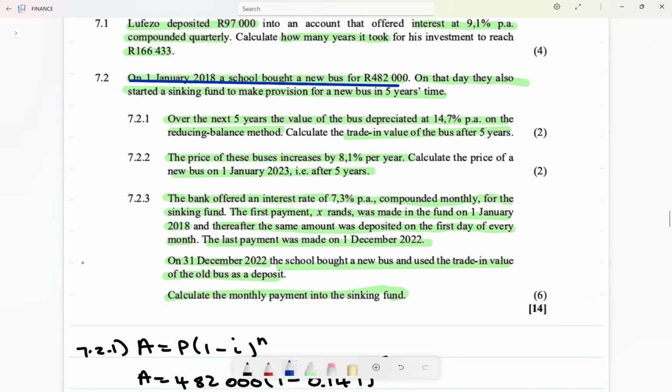So they know that after 5 years they will sell their old one, plus they will need some other cash, so that when they add the trade-in value, which is what they sold their old bus for, plus the money that they have been saving, it will equal the amount that the new bus is worth now.